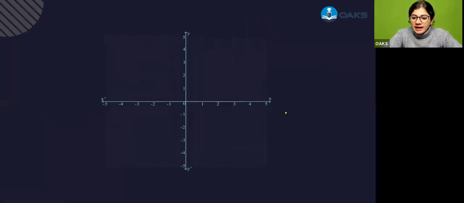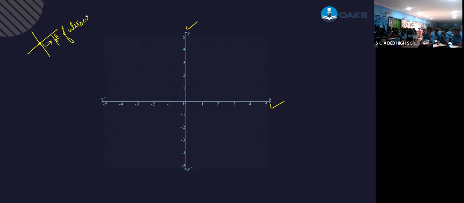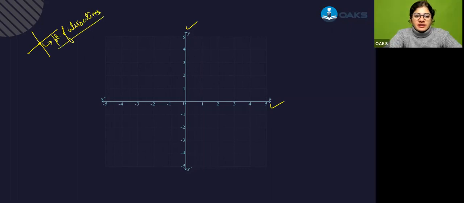Now, you know that this is x-axis, this is y-axis. When two lines intersect, there is one single point like this. If two lines are intersecting like this, that single point is known as the point of intersection. Here these two lines are intersecting at this point, so this point is known as the point of intersection.